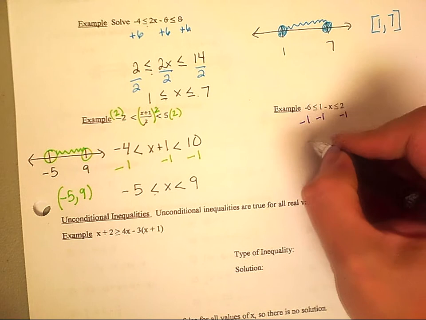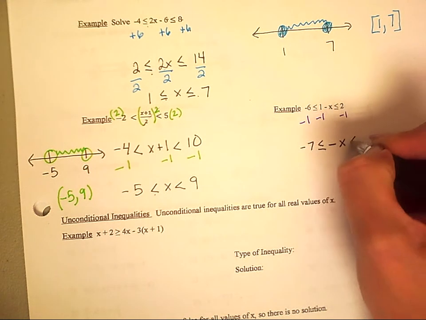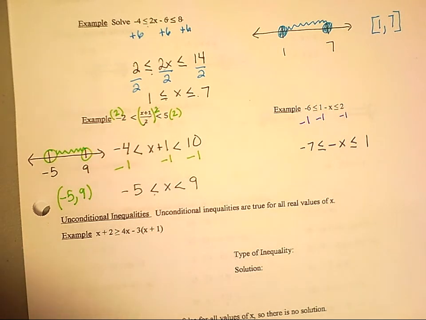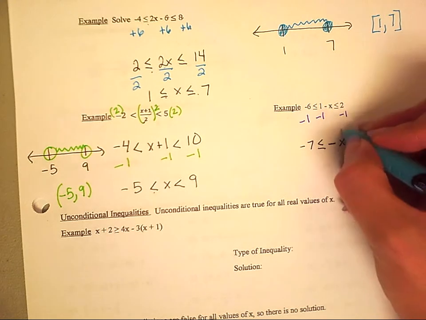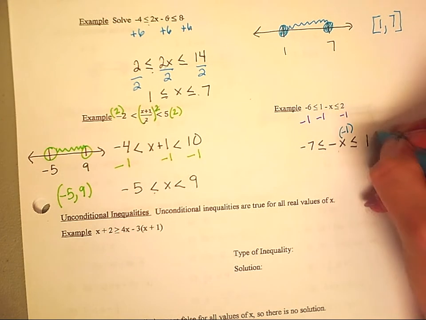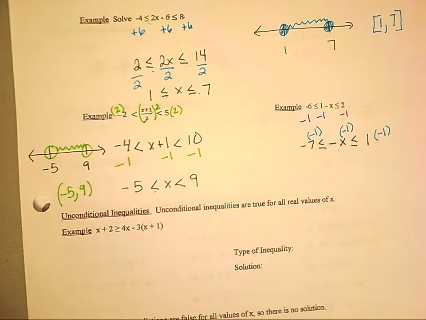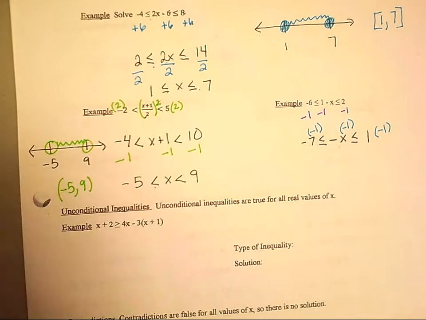In this example, let's subtract 1 from all sides. So negative 7 is less than or equal to negative x, less than or equal to 1. And we don't want a negative x, we want a positive x, so let's multiply by a negative 1 on all three sides.